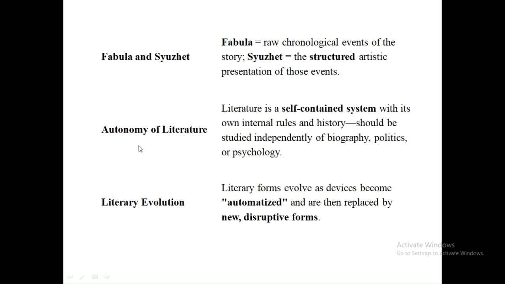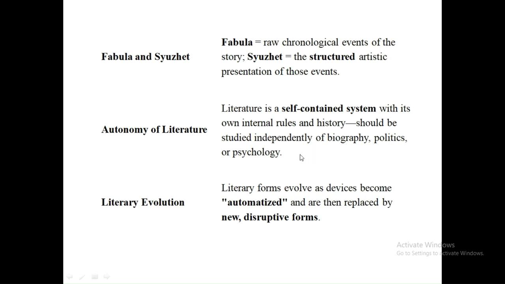And the next concept is autonomy of literature. Literature is a self-contained system, complete in itself, not needing outside help. It is a self-sustained system with its own internal rules and history, and should be studied independently, without the influence of biography, the author's feelings and background, the politics existing during the period, or even psychology.